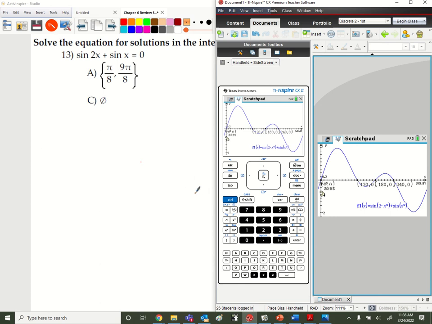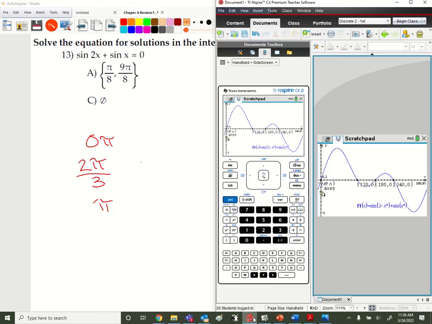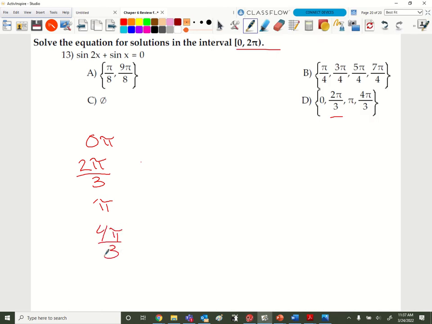Let me write it out. So we have 0, then 180 is pi. The next one was 2 pi over 3. And then the next one converts to just pi. And what was my last one? 240. It's on the unit circle. So that's 240, 4 pi over 3. There we go. My answer is D.